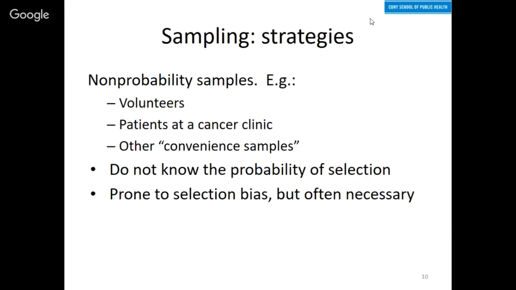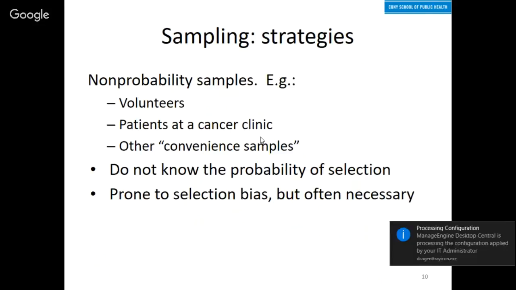And then there are non-probability samples, such as volunteers, patients at a cancer clinic, and other so-called samples of convenience. These are called convenience samples because they're selected based on convenience for the researchers, but you do not know the probability of selection, and they tend to be very prone to selection bias.